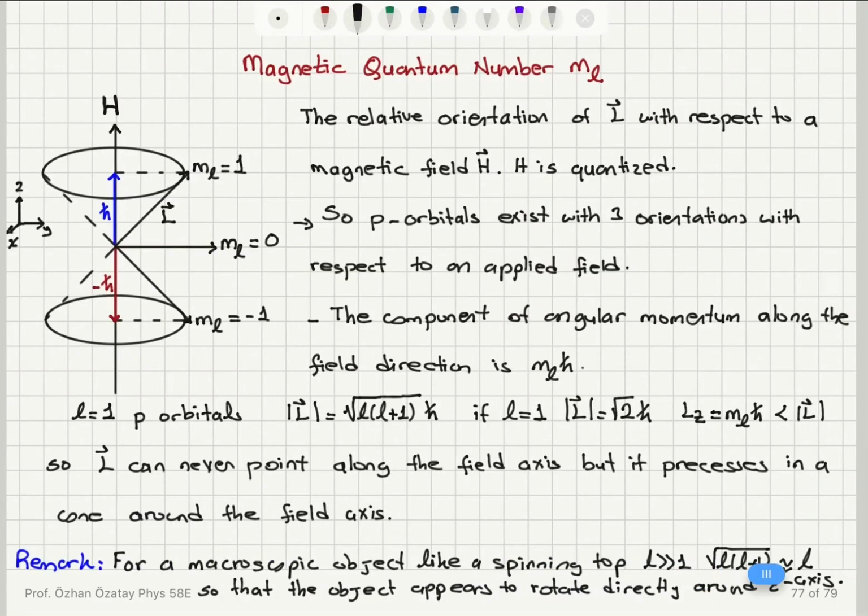Regarding these quantum numbers, with the addition of the spin quantum number, we have an important principle, the Pauli exclusion principle. This is about how to place electrons in the orbitals.